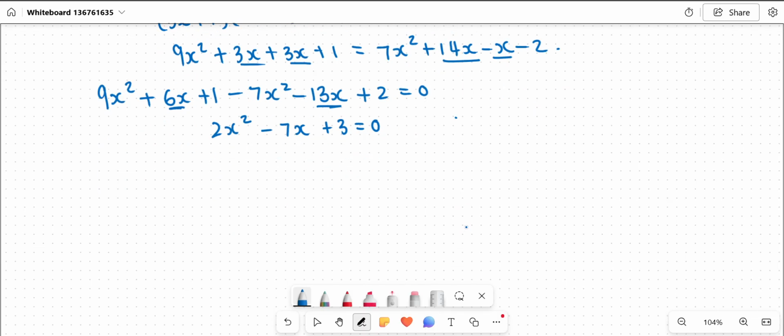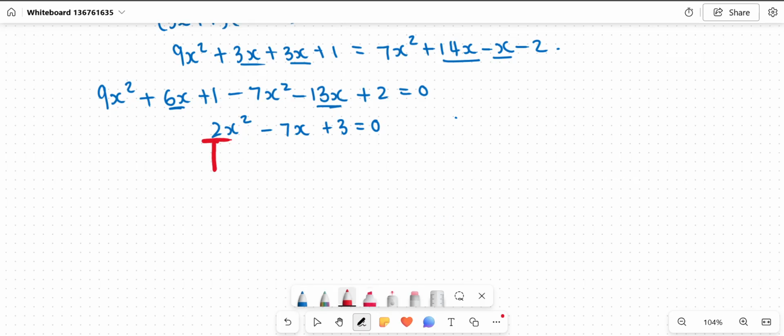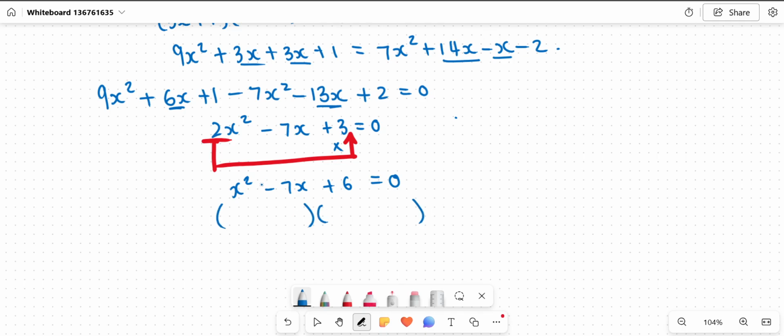And this is something that we can factorize. Let me just show you this quick method that I just learned. You take the 2, you times it across to the 3. So the x squared loses the 2, and this becomes a 6. And then at this point, you just find factors of 6 that add to give negative 7, which is negative 6 and negative 1.